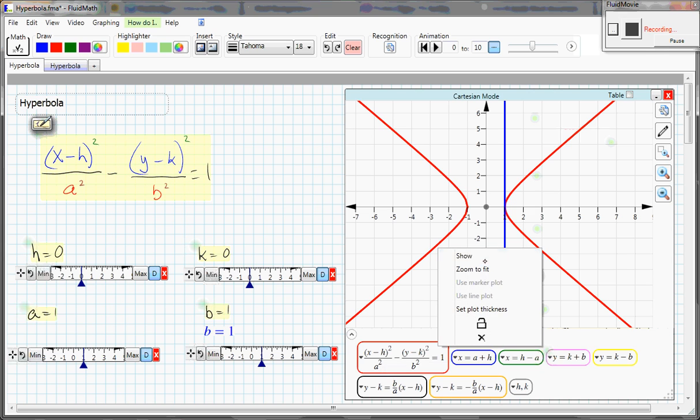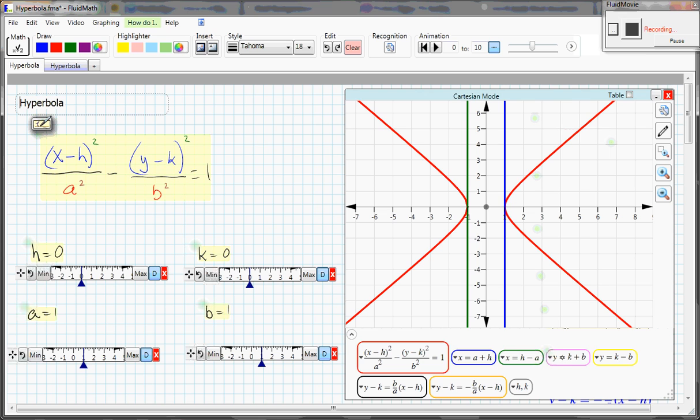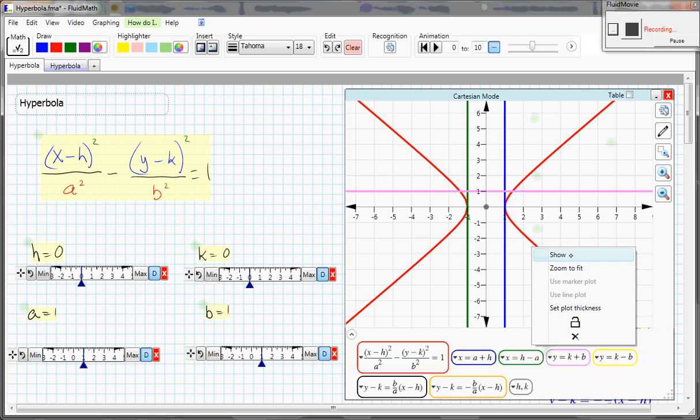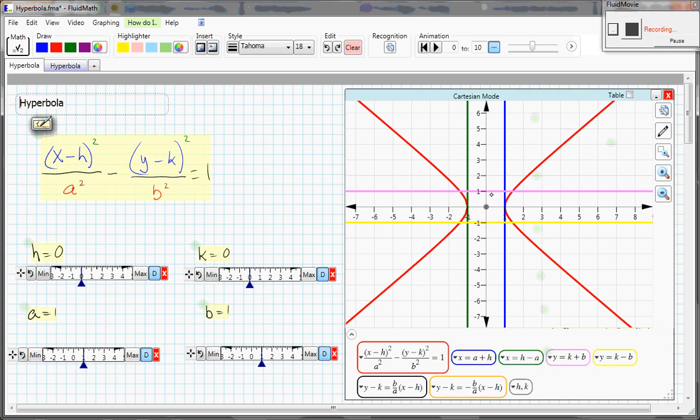And now we're going to go to the left, and that's the left boundary. That's an upper boundary, and that's a lower boundary. Those are b above and b below the center, and now you have the box. This box right here. With an ellipse, it stays inside the box. With a hyperbola, it stays outside the box.